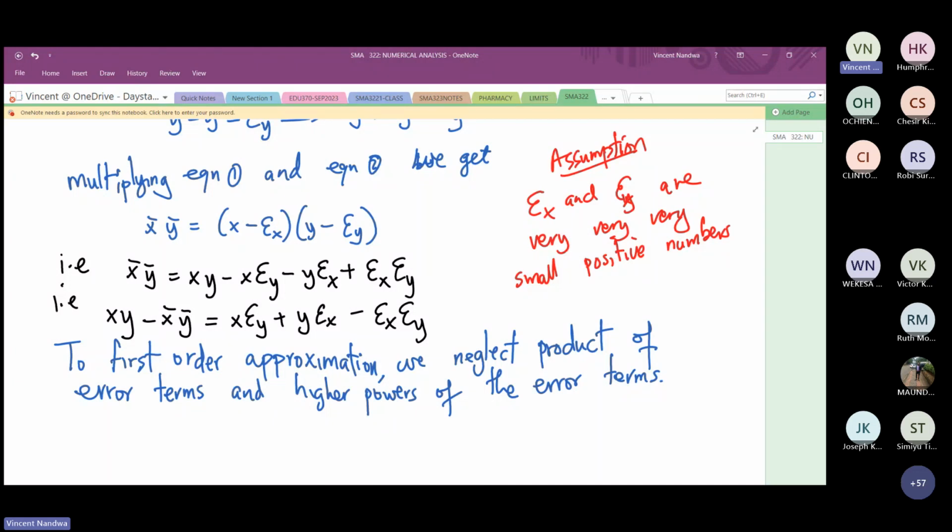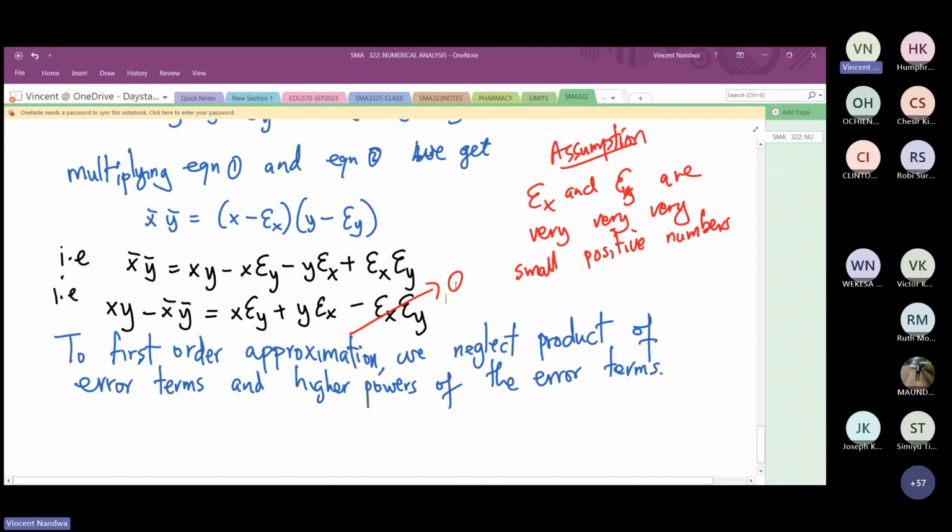So when we multiply very small positive numbers by other very small positive numbers, we even get a very, very small positive number. That's why we are going to ignore any term that involves the product of those error terms or even higher powers of error terms. So when the power is 2, 3, 4, etc., we take them to be 0. So this part is assumed to be 0, and we do away with it.